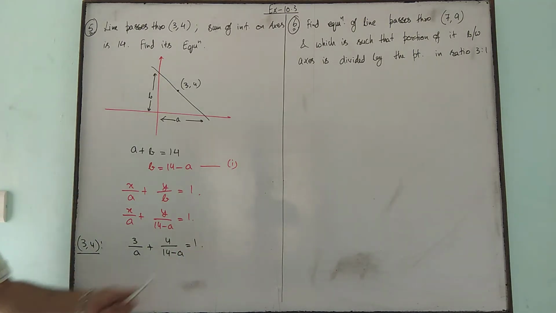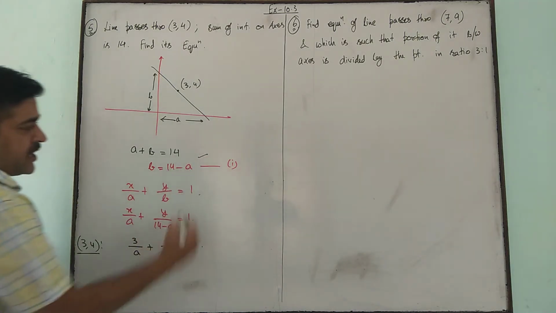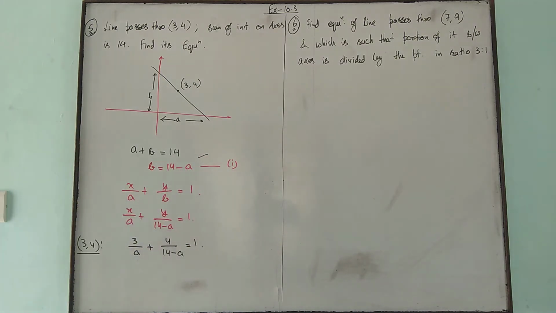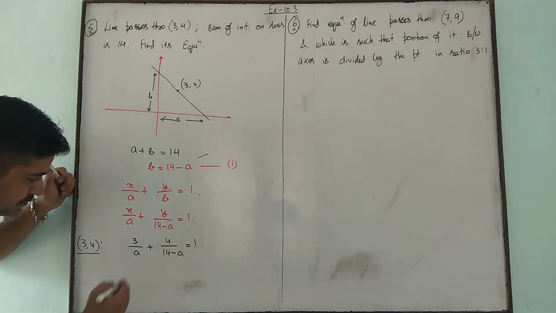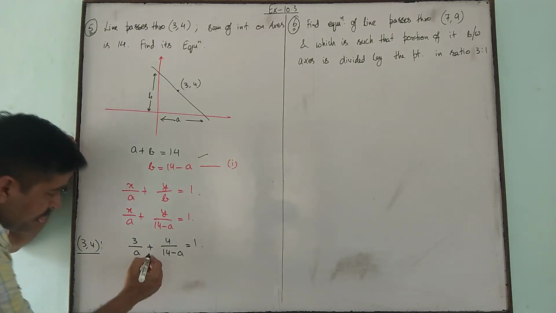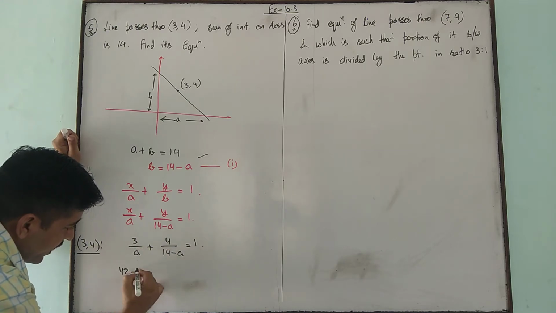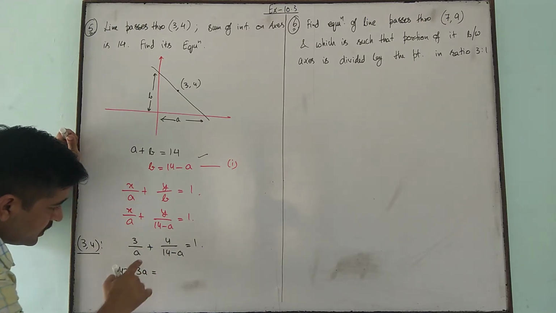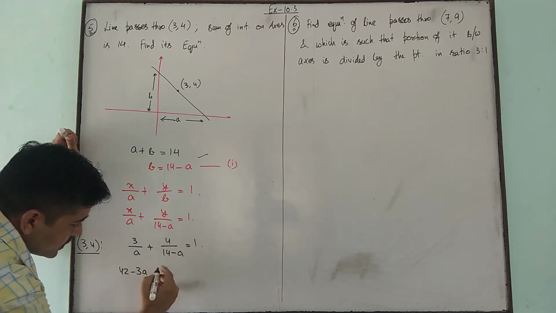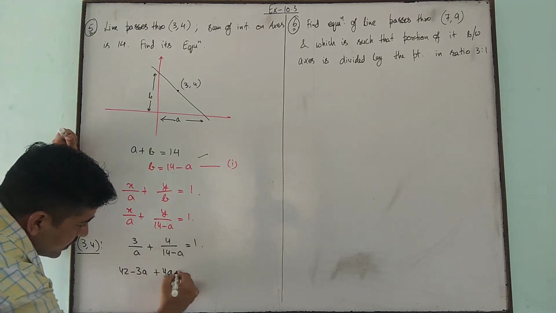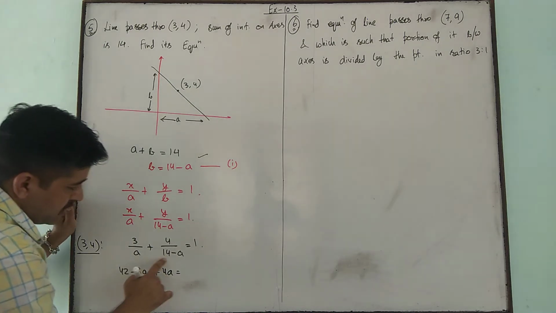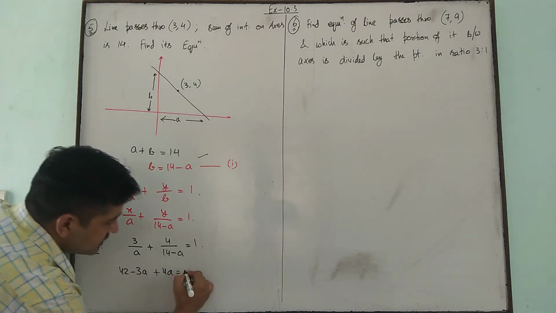Then on solving this you will get the value of A, and if you put A here you will get B. That is your required equation. Just simplify it. This will be 42 minus 3A plus 4A is equal to, LCM will be A into (14 minus A).